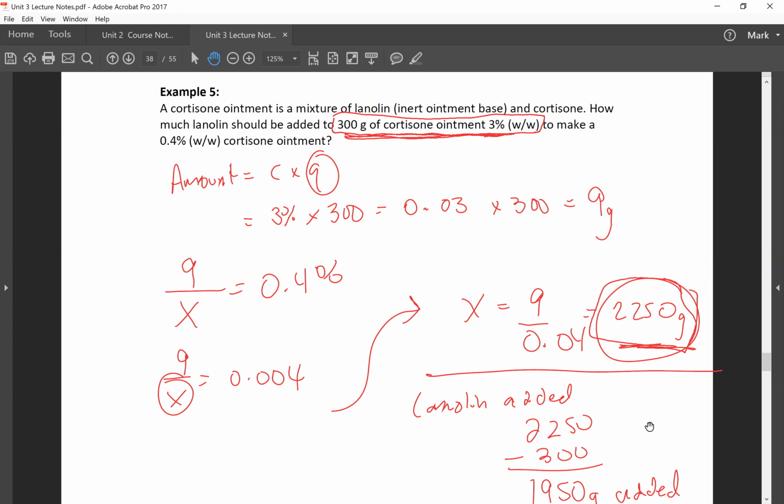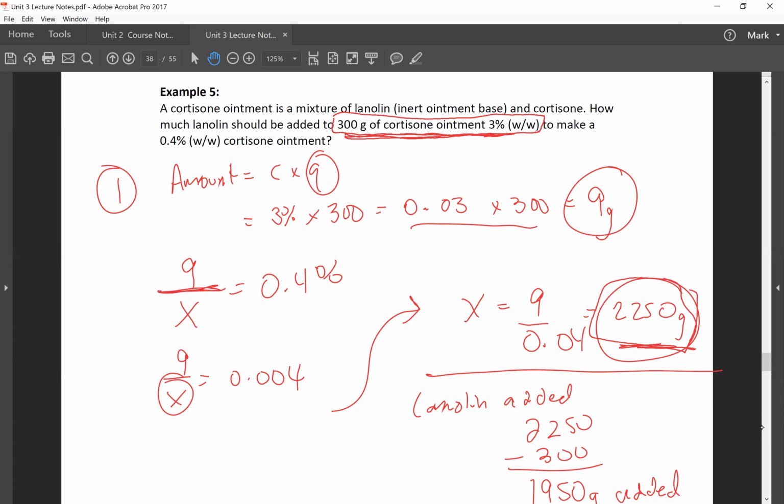So the first thing I did was figure out how much cortisone was in the 300 grams of 3% solution. 300 times 3%, converting the percent to a decimal, told me that there was 9 grams of cortisone in the initial ointment.